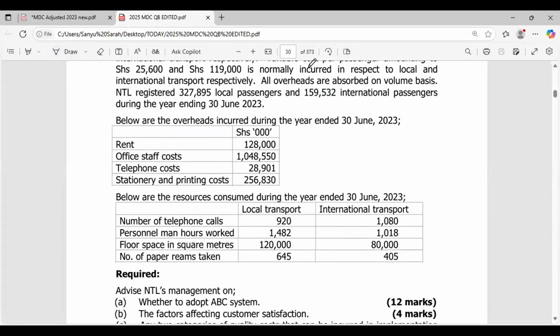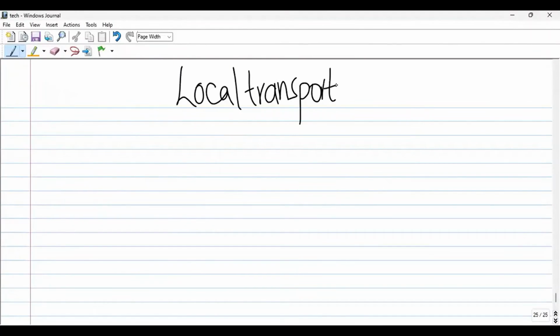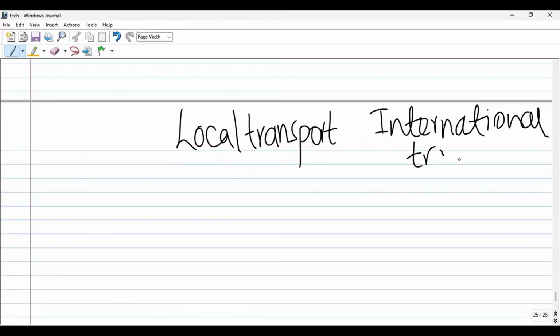We show local transport, and next, international transport. So remember, we want to analyze the profitability.